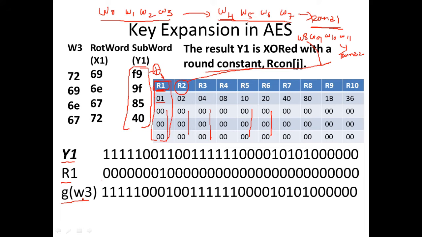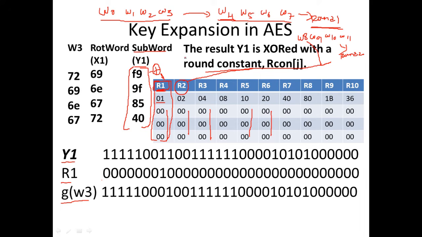So we have completed G. What are the steps in G? Take W3 and then you find the RotWord by doing a circular left shift of 1 byte. And using the RotWord, you find the SubWord, which is a byte substitution. You take every byte and substitute that with another byte using the AES S-box. Once you get the SubWord, what next you have to do?